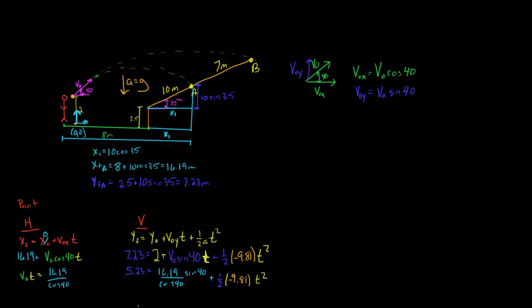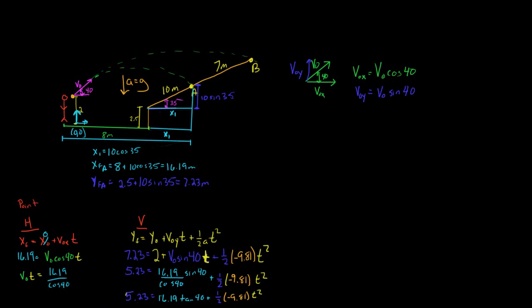Well, we can simplify this up a little bit. We get 5.23 is equal to 16.19, and this becomes a tangent of 40 plus 1/2 times negative 9.81 t squared.